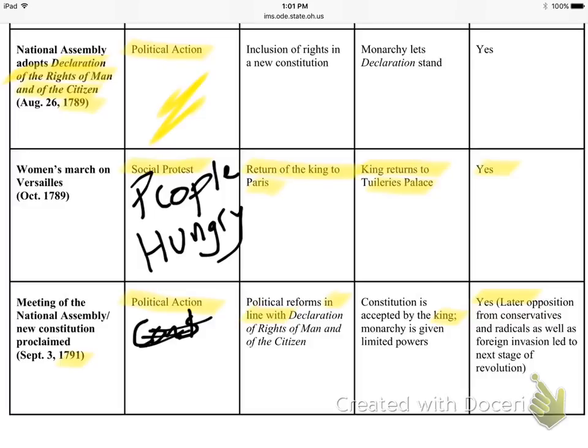France sees about 3 governments total, including Napoleon, who kind of ruled more as a dictator than a republican. So yes, they did get a constitution through, but they still had a king, and there were some people that were ticked off still. So it didn't quite work out all that well.